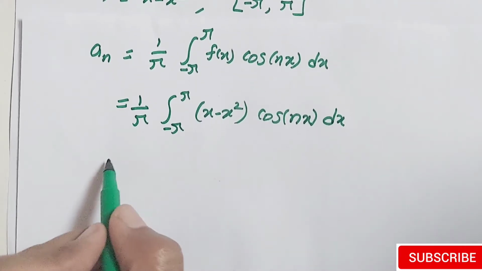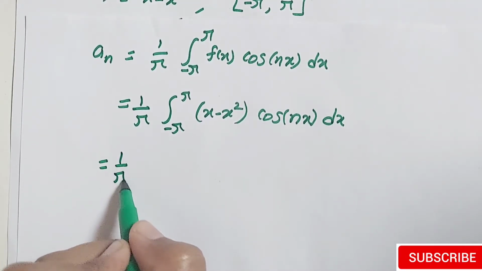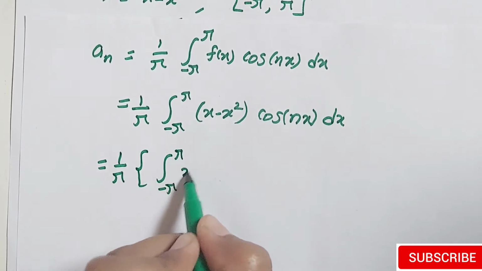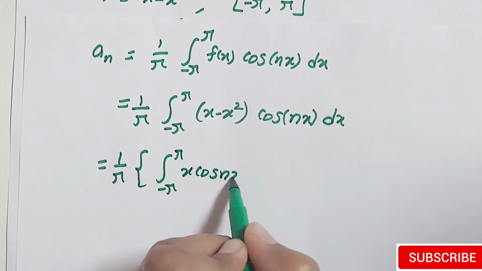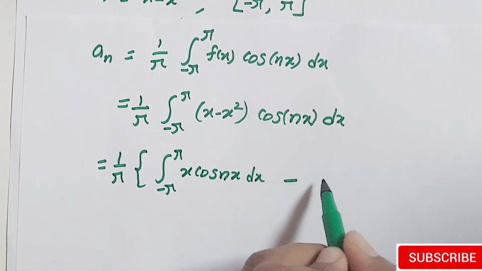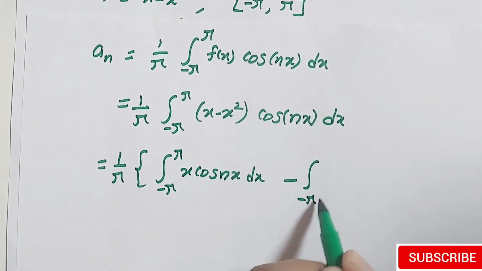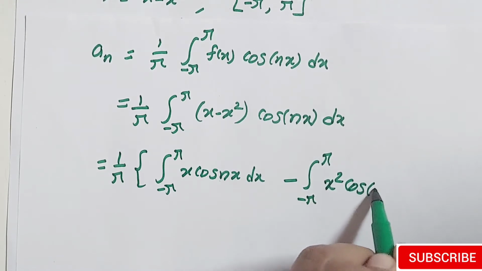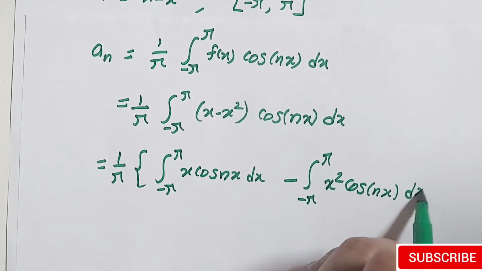Separate this integration, so 1 upon pi constant outside. First is integral minus pi to pi x cos nx dx, then minus integral minus pi to pi x square cos nx dx.